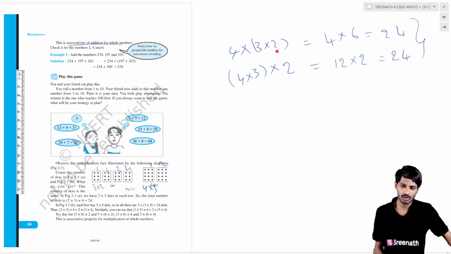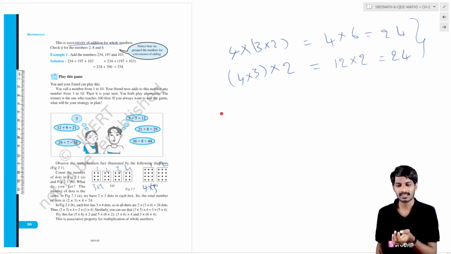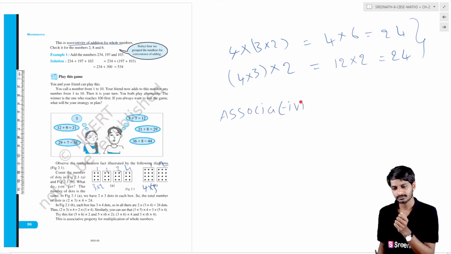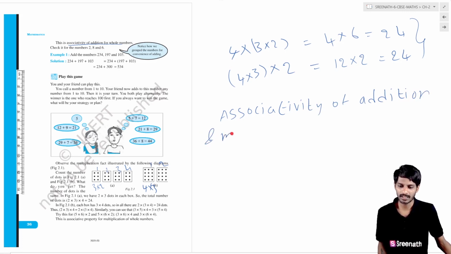Even though we have changed the grouping of the numbers, the answer is the same in the case of multiplication. So what we can say is the associative property, associativity of addition and multiplication for whole numbers.